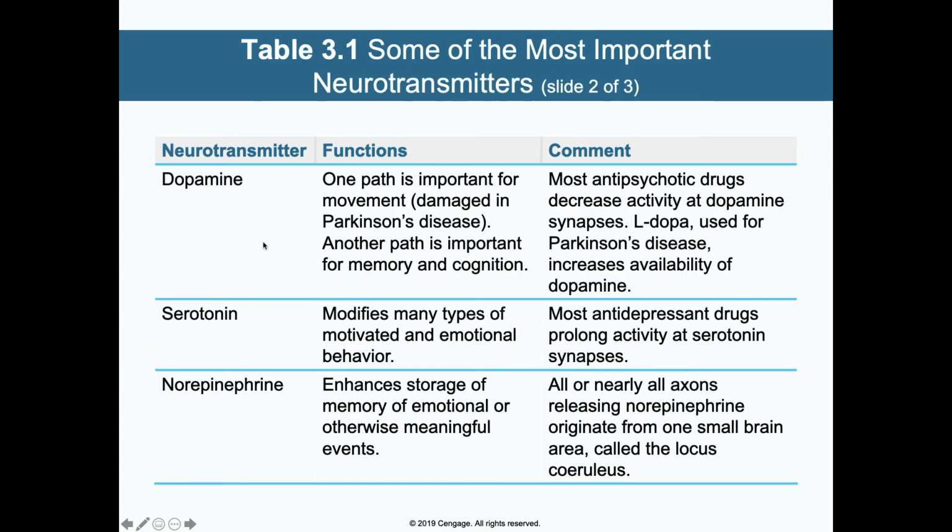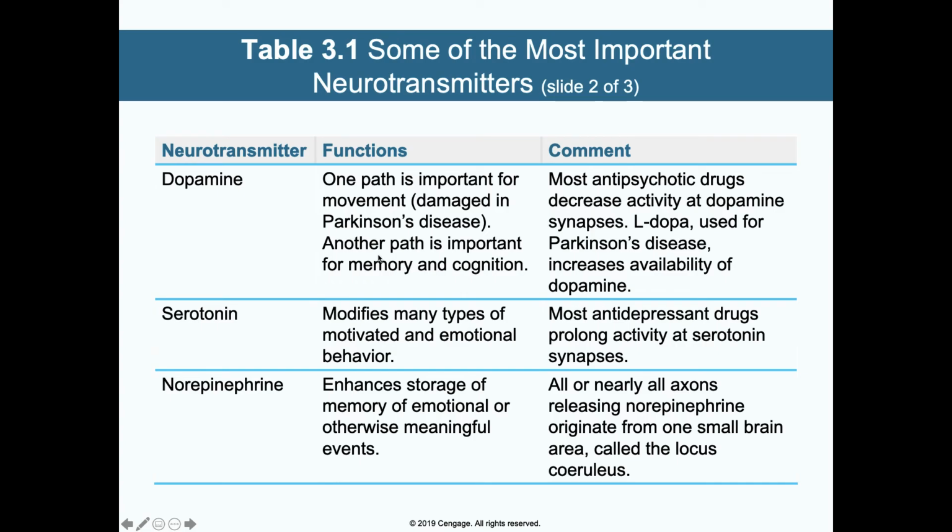Dopamine, which is related to, if you have ever heard of Parkinson's disease, movement. Parkinson's disease has to do with a movement issue. And so, again, dopamine is a chemical that promotes this movement and creates a smoother path.